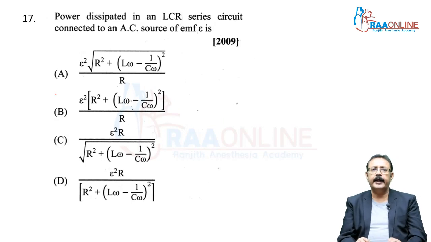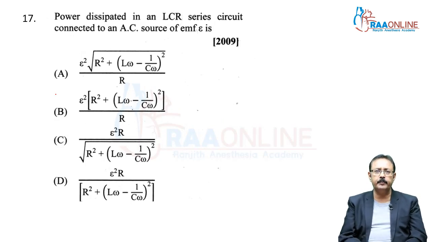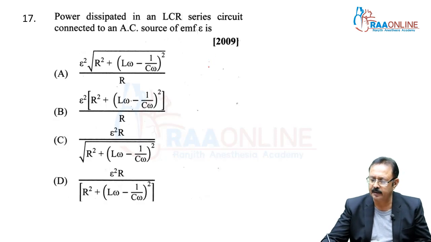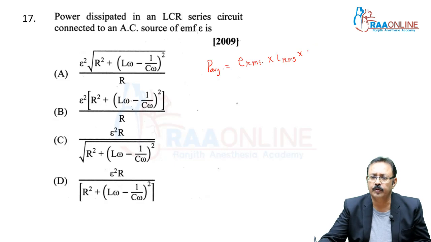17th. It is from 2009 AIPMT. Power dissipated in an LCR circuit, series circuit. We know that what is power? Average power means ERMS into IRMS into cos phi.